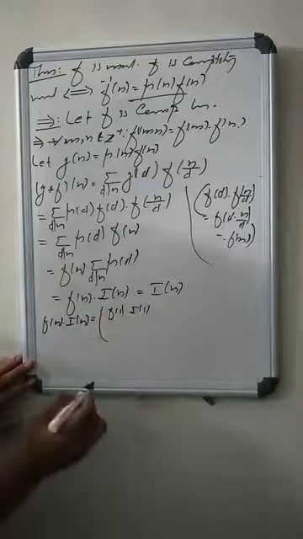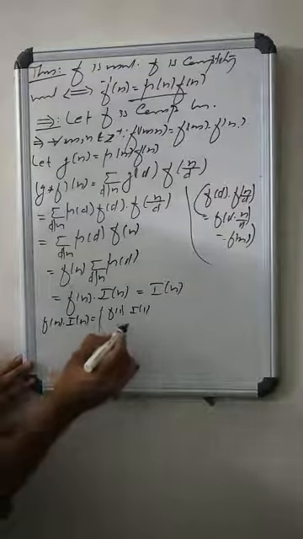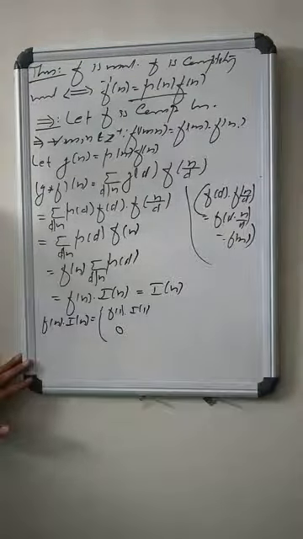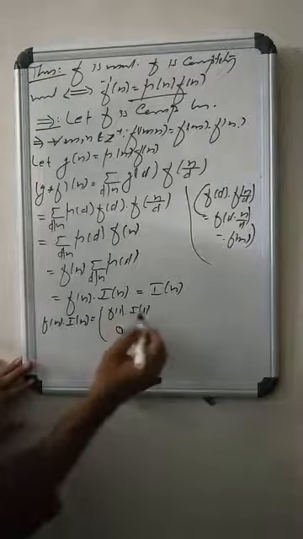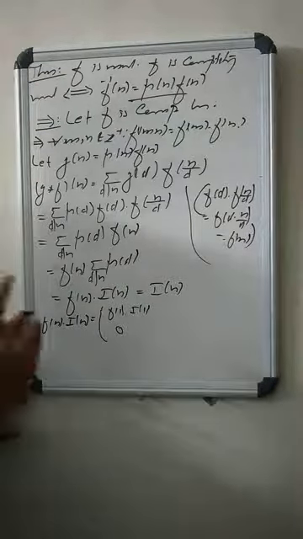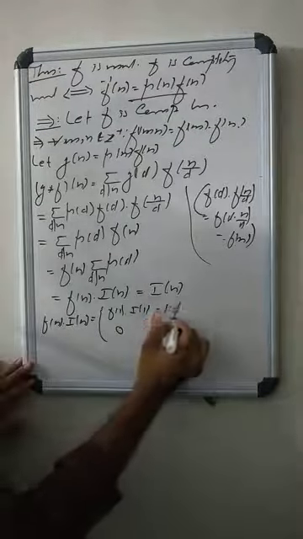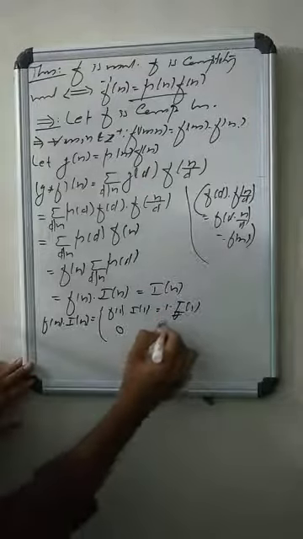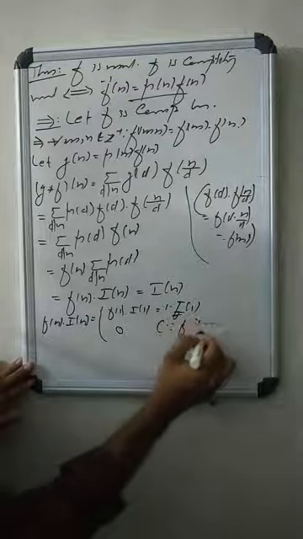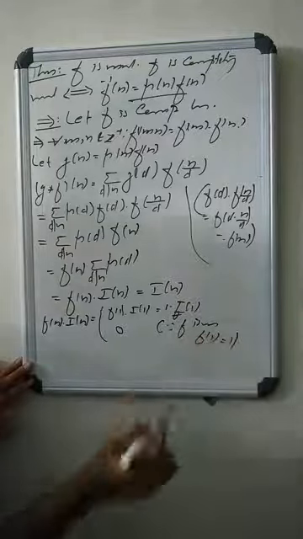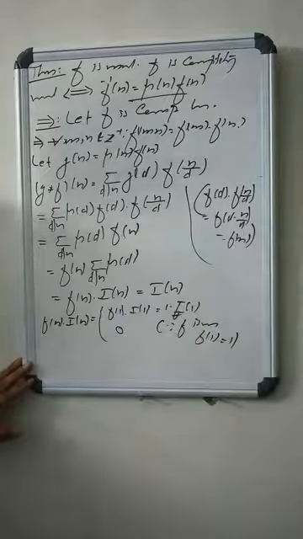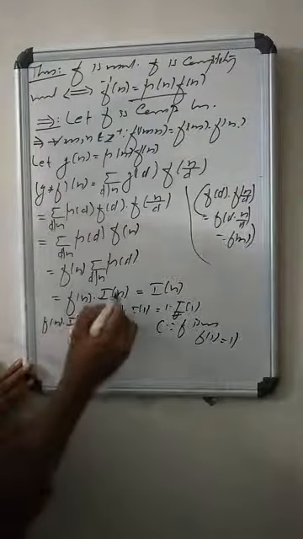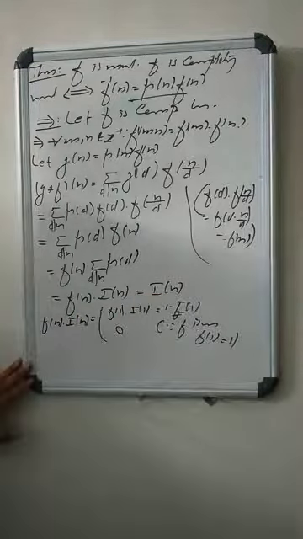When n is greater than 1, I of n is 0, so the product is 0. And f of 1 is 1, because f is multiplicative, so f of 1 equals 1. So f of n into I of n equals I of n.